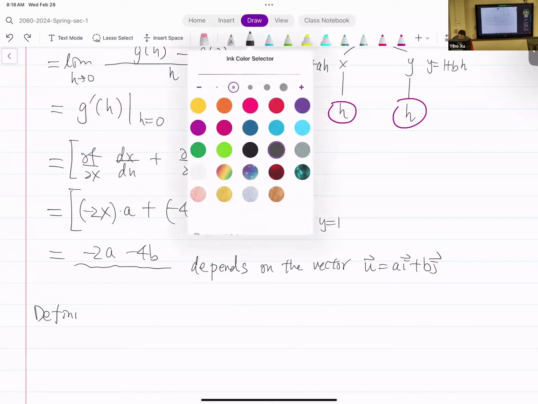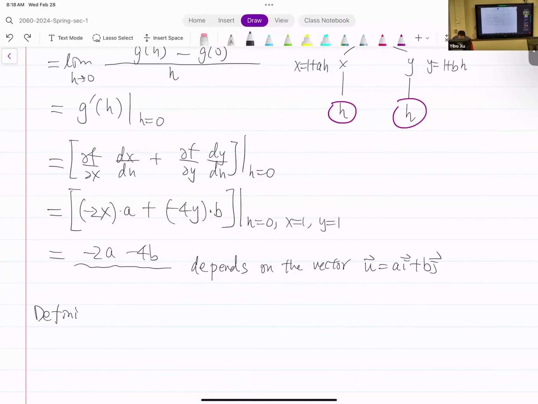Definition. We define the directional derivative. So this is a calculation of the direction.